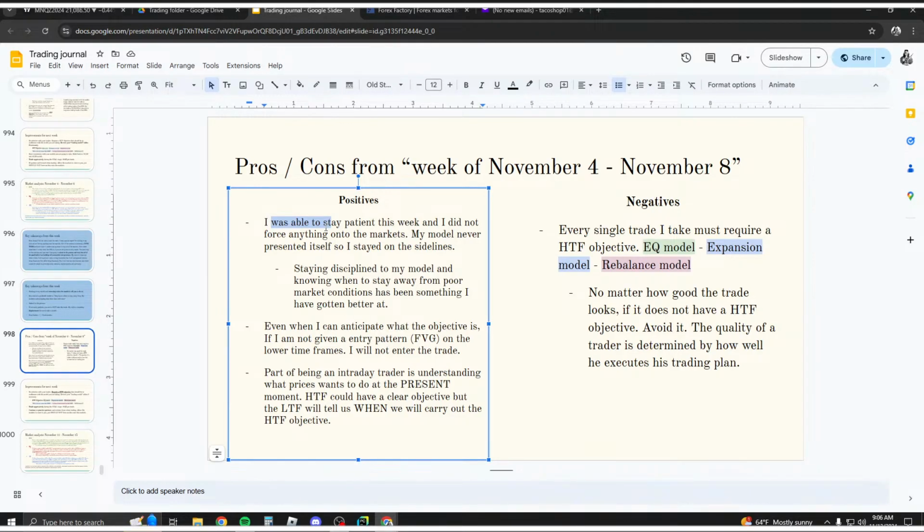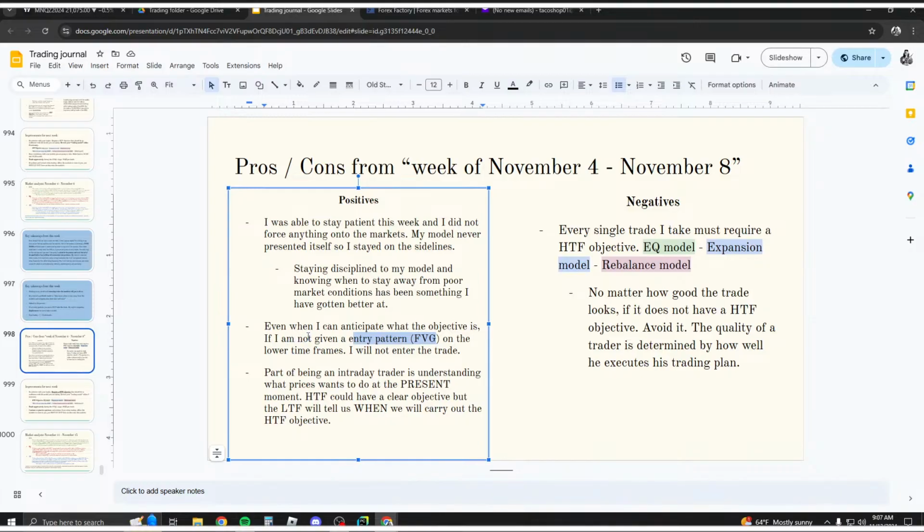Second is, even though you have a clear objective in mind, and you can see where price wants to go, if you're not given an entry pattern, and in my case at least, my entry pattern is a fair value gap. If there's no fair value gap, then I'm not gonna take it, even though, like I said, the objective is clear.